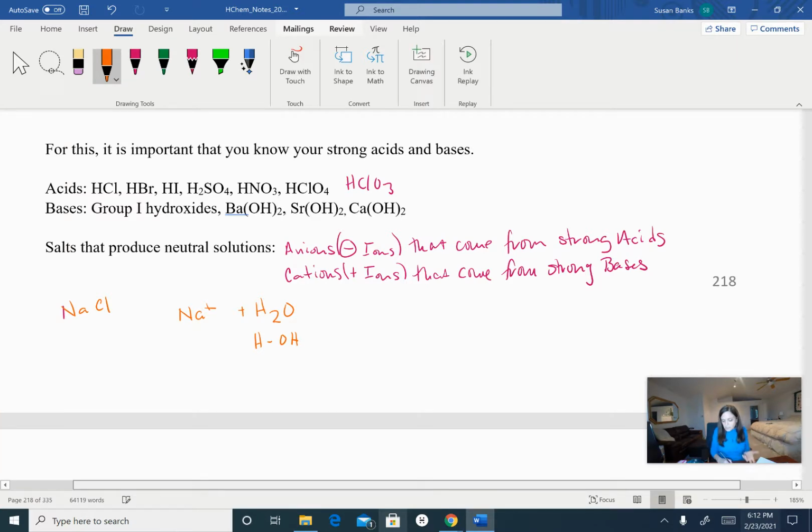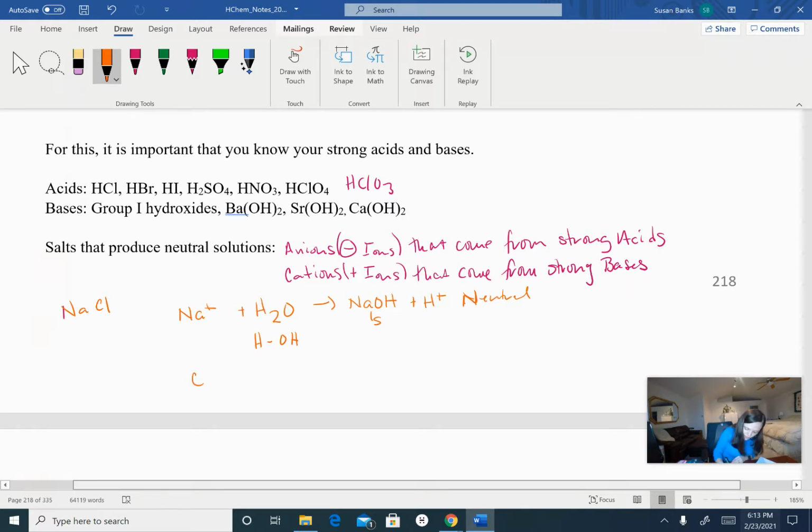Is it going to be attracted to the hydrogen or to the hydroxide? Hopefully you said hydroxide because negatives and positives attract. So when we do that, we would expect to make sodium hydroxide and hydrogen. We know that this is a strong base, so it will dissociate. So that is a neutral reaction because it really doesn't stick together. It will dissociate into its various ions.